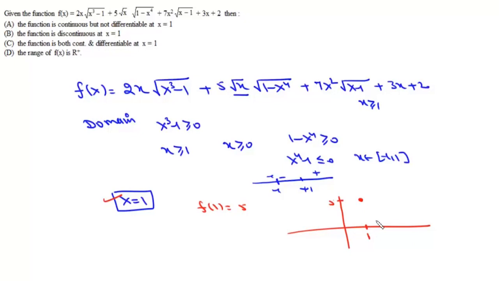Now at 1 there is no neighborhood, neither on the left hand side nor on the right hand side. Now we have an isolated point, and then literature says at this point the function will be continuous but not differentiable. So the function is continuous but not differentiable at x equals 1, and that's your option A.